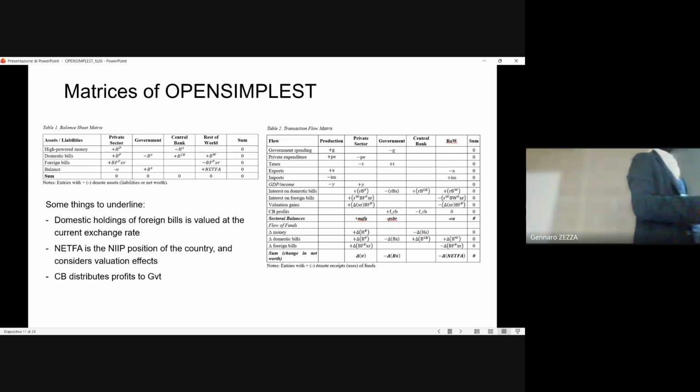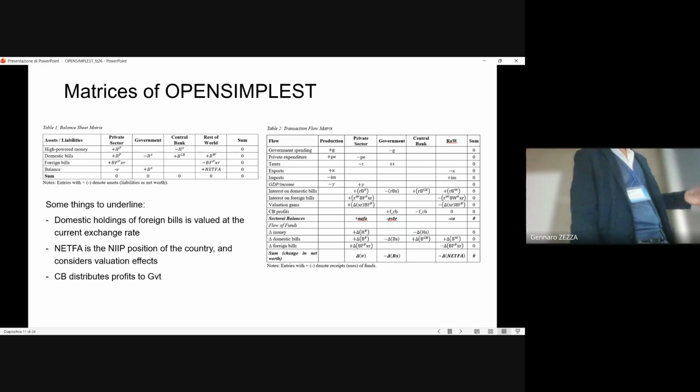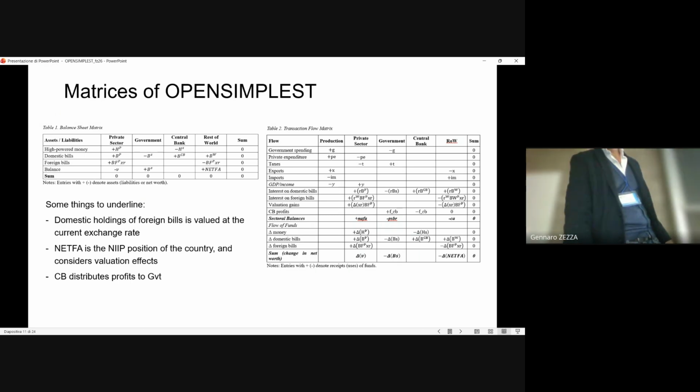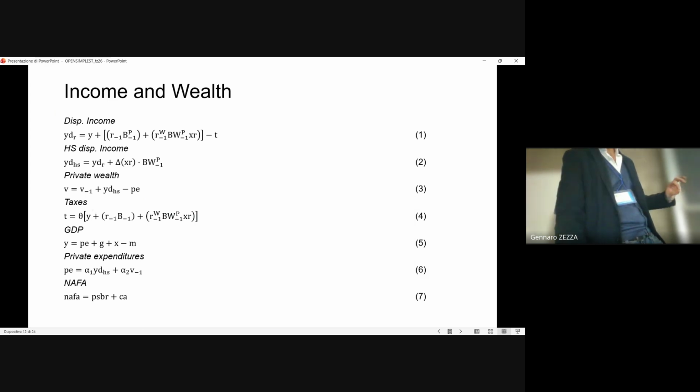The second one is the net part here, which is the net foreign assets of the country, the net international investment position. And finally, as usual, the central bank distributes all its profits so that the net wealth of the central bank is only related to monetary policy.